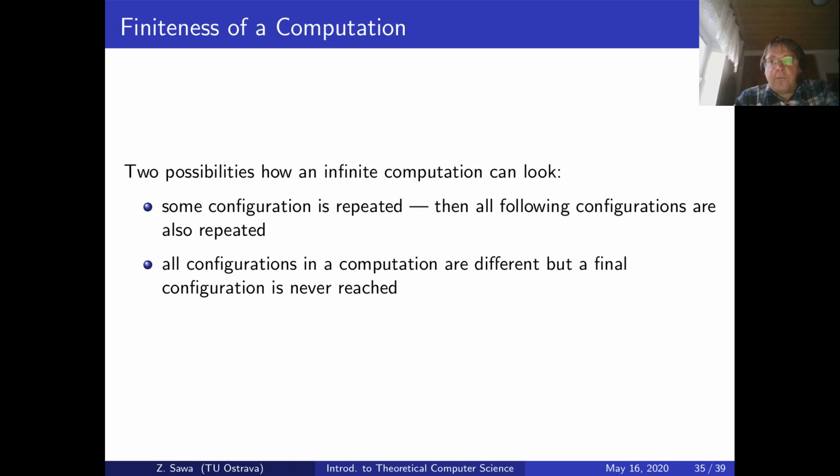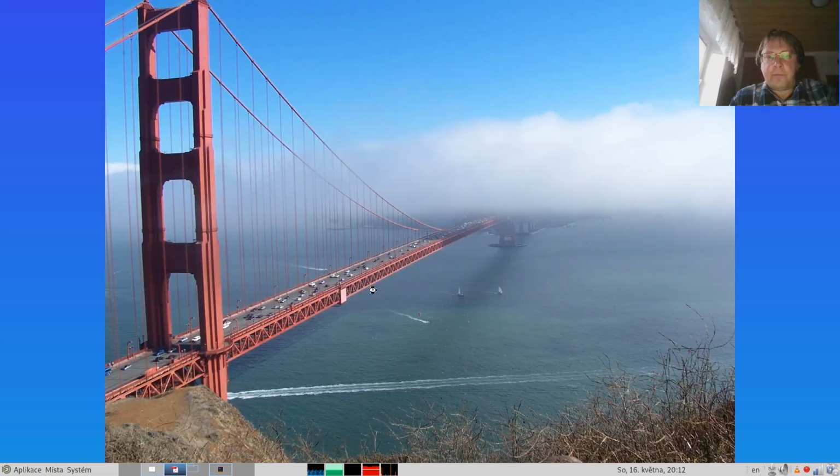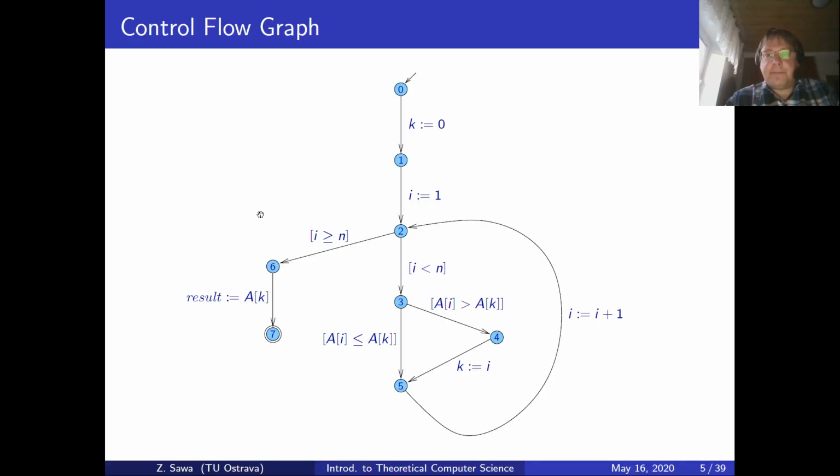It's often the case that it's quite obvious for the given algorithm that it will halt. For our extremely simple algorithm in this example, it's quite obvious that the value of i starts with 1 and is incremented in every iteration, and after it reaches n, the algorithm will go to state 6 and to state 7.